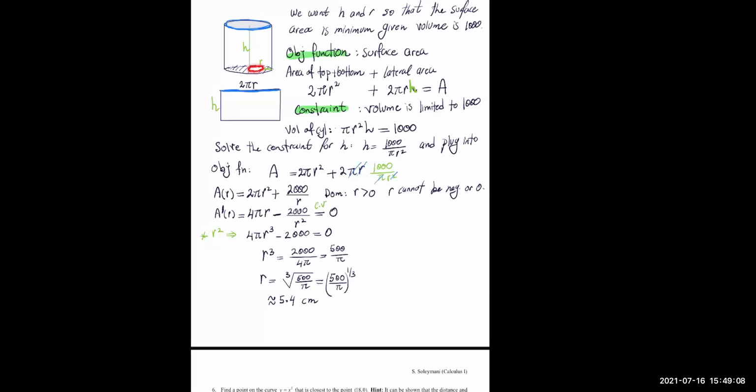If I make this r really small, then the cylinder is just going to become big, right? And the surface area gets bigger. So mathematically, it does go to infinity as r goes to 0. And between infinity and 5.4, well, 5.4 is smaller. Now, if you don't like any of that, there is another option to show that this is going to give you minimum, and that's by using the second derivative test.